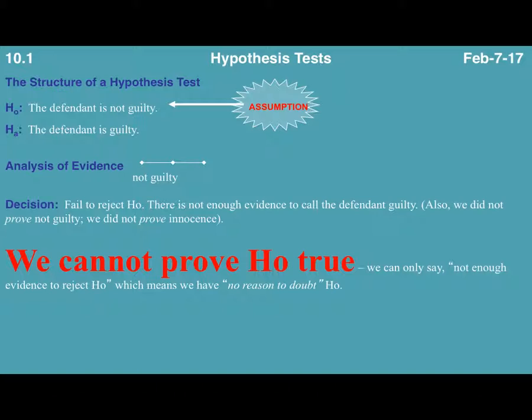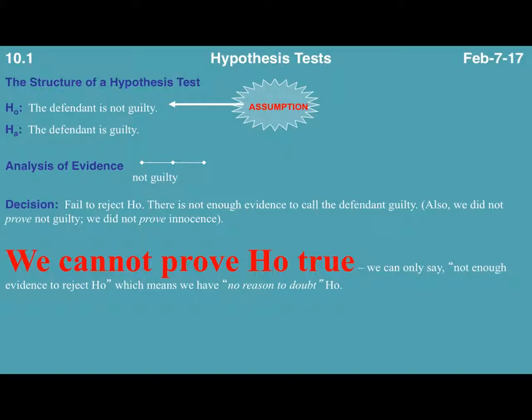H0 is the null hypothesis, and it's the initial assumption. HA is the alternative hypothesis. It's what we look for evidence in favor of.